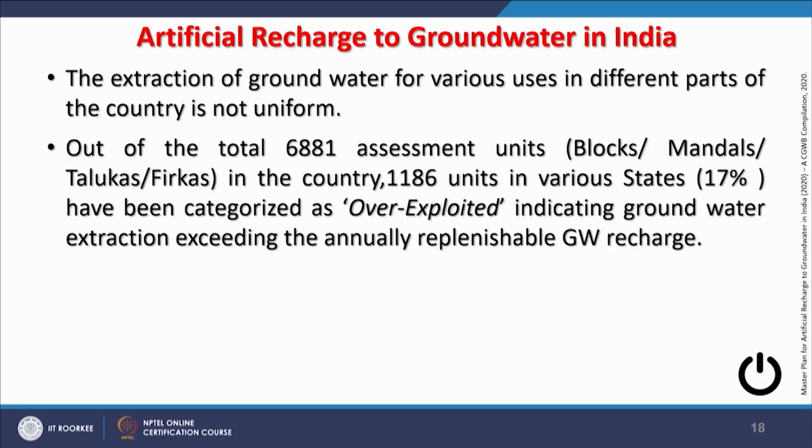Out of a total 6881 assessment units, that includes the blocks, mandals, talukas, firkas etc. in the country, 1186 units in various states, that is about 17%, have been categorized as overexploited.